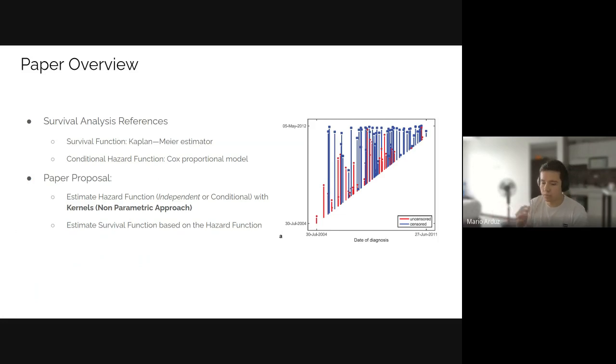The survival function is just the question of what would be the probability for a patient to be alive after a certain time, and the conditional hazard function would be trying to estimate the risk of dying in terms of some of the characteristics that these patients have.